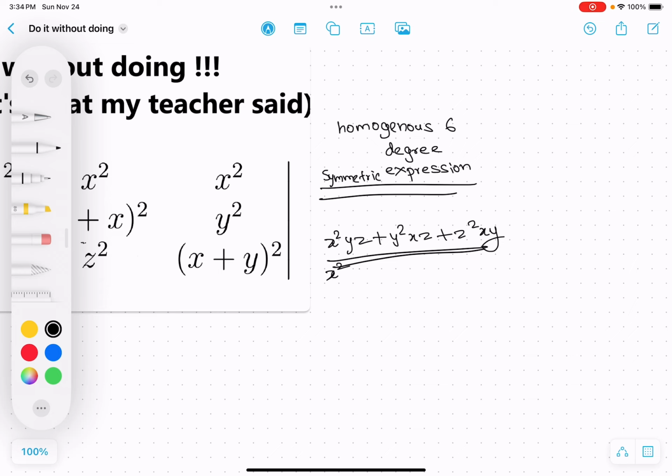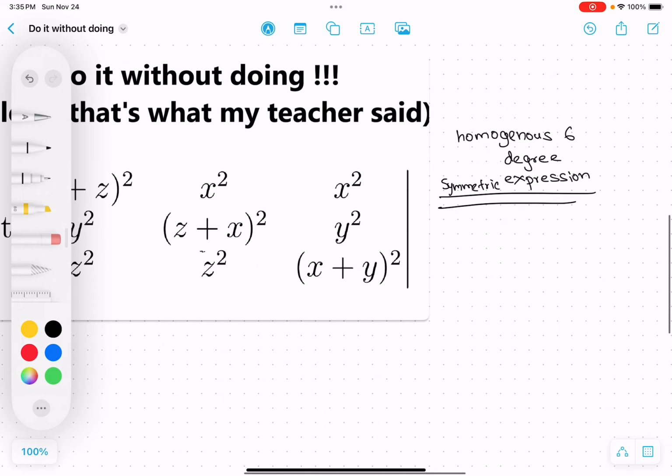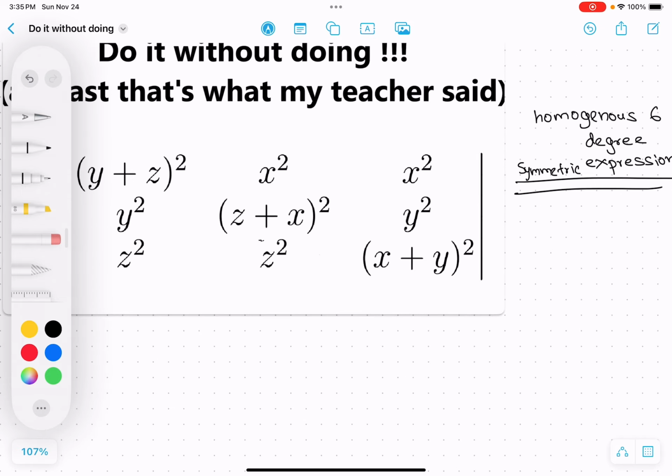I also need to have x squared z y. Basically, these two are the same, but still, I also need to have y squared z x, z squared y x. So yeah, this is basically a symmetric expression. Or yeah, like circular. I could have just written the first three because the second three were just the same. Okay, now you get the idea of a symmetric expression and also homogeneous 6 degree, right?